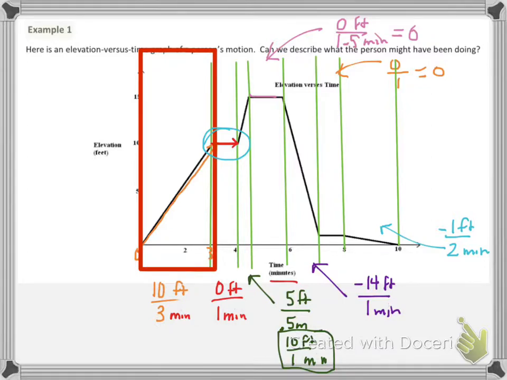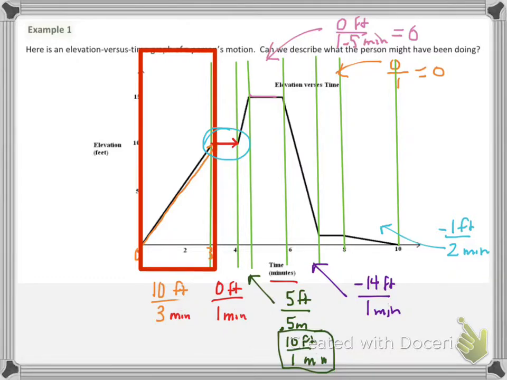Anyway, you can see that whenever we talk about the ups and downs of this elevation time graph, we have to talk about the change in elevation over an amount of time. So the time interval is important as well as the change in elevation.